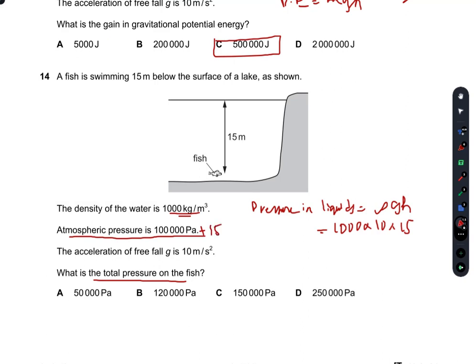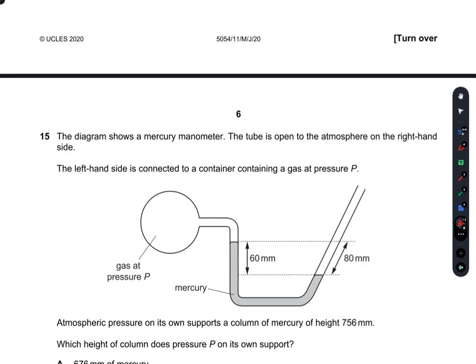So 150 kilopascals plus 100 kilopascals. So D is the right answer. We have to find the total pressure, not the pressure of the liquid here.